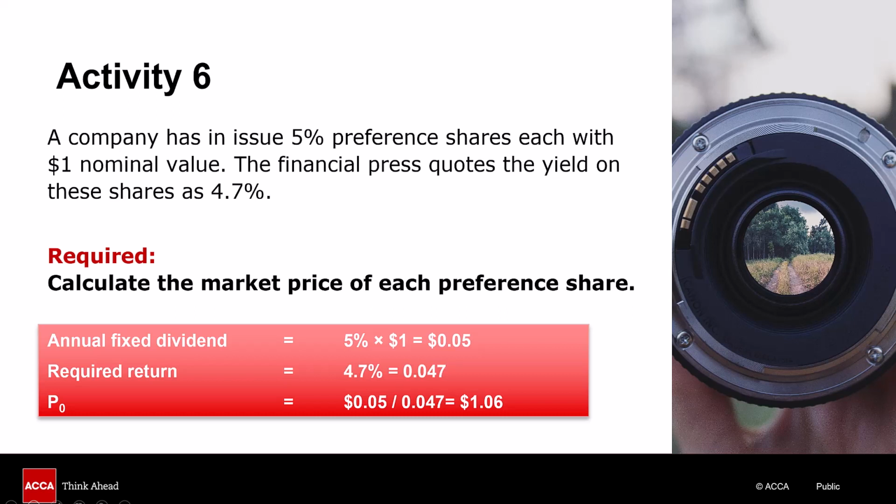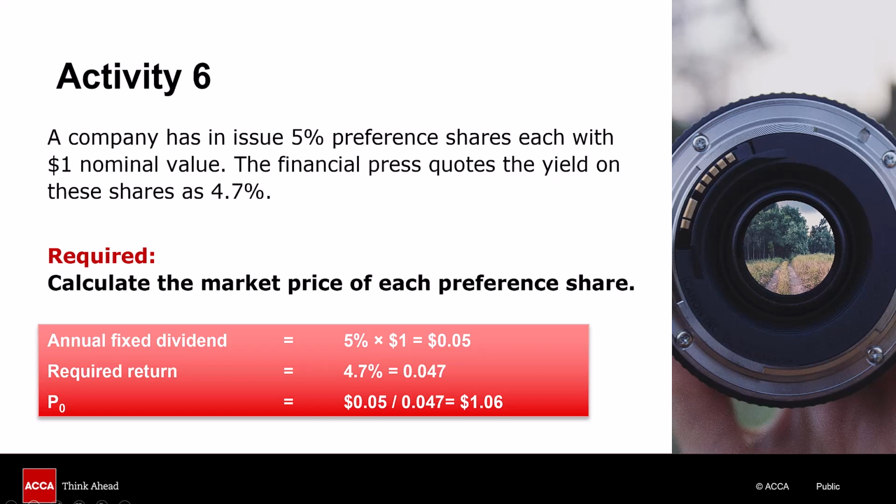And then using the learned formula, D over the required return, you take the 0.05 dividend divide by the 0.047, and out comes in your calculator 1.06 in dollars. So that's the market price of each preference share.